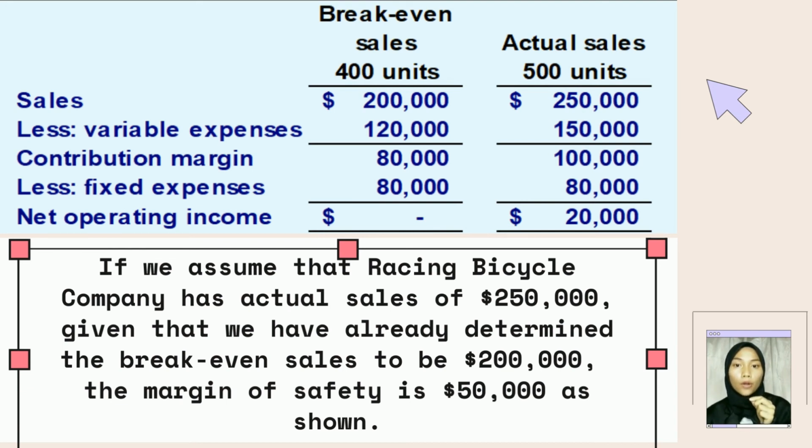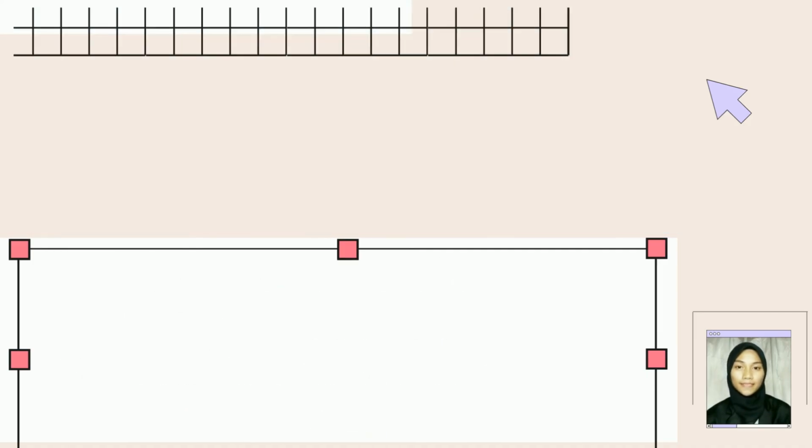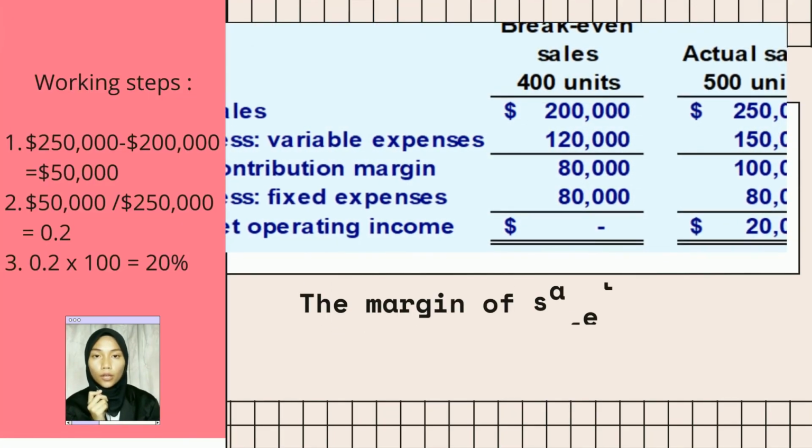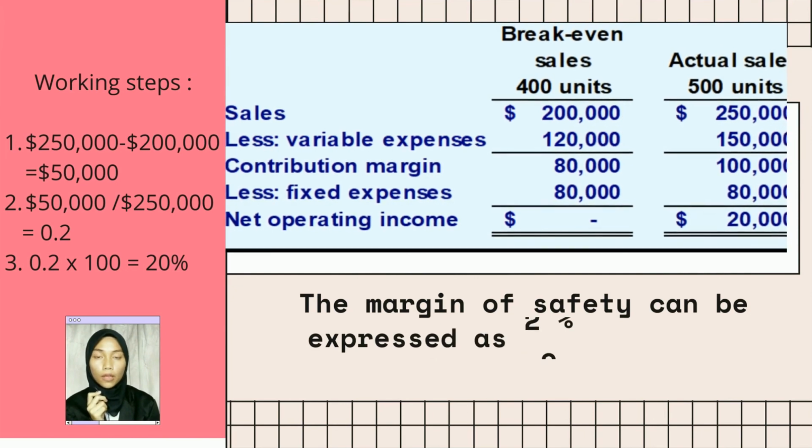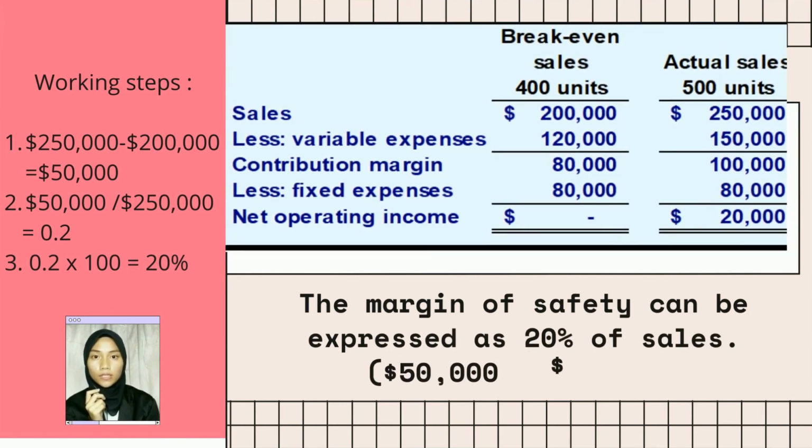First, we need to subtract the break-even sales, which is $200,000, from the actual sales, which is $250,000. After that, we need to divide the margin of safety, $50,000, by the actual sales, which is $250,000. Then we will get 0.2. Since we need to express it in percentage, we will multiply 0.2 by 100, so the final answer will be 20%.